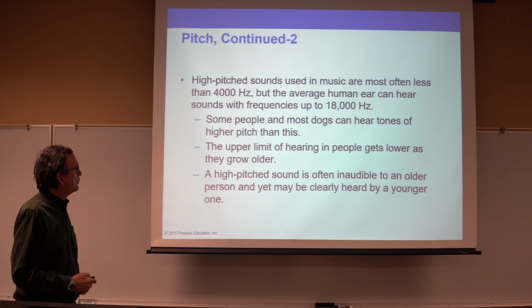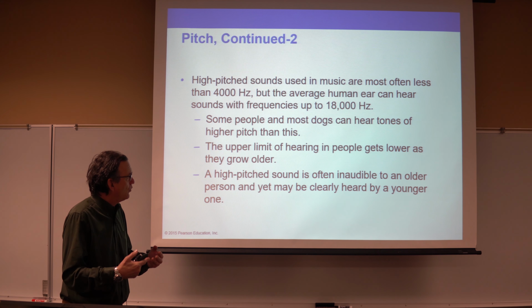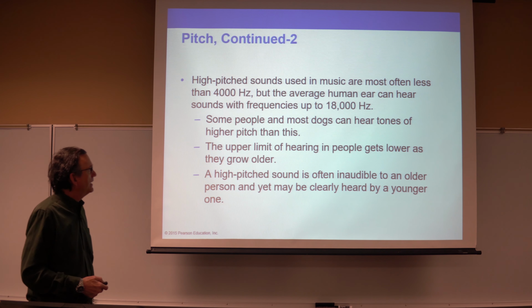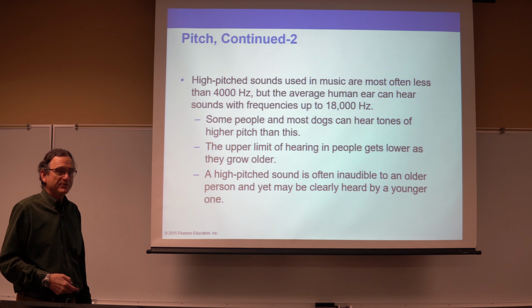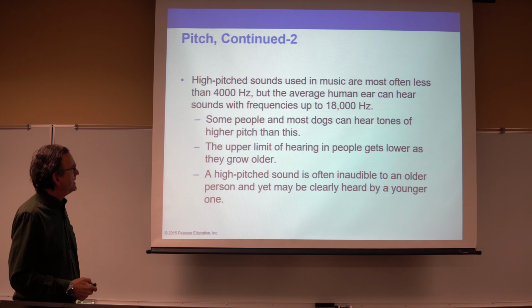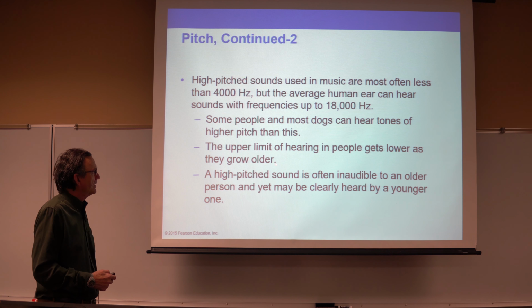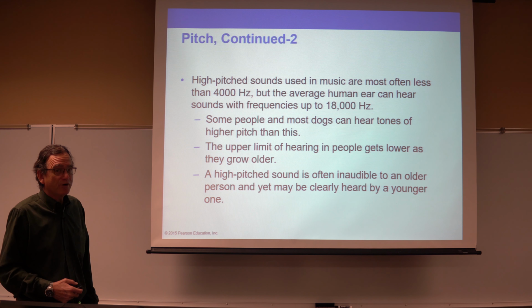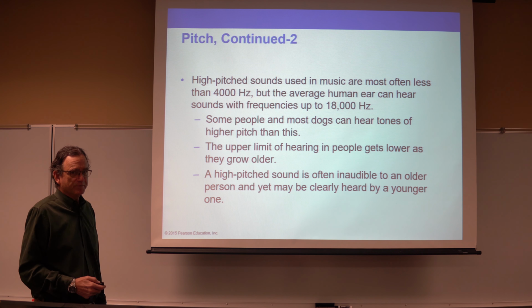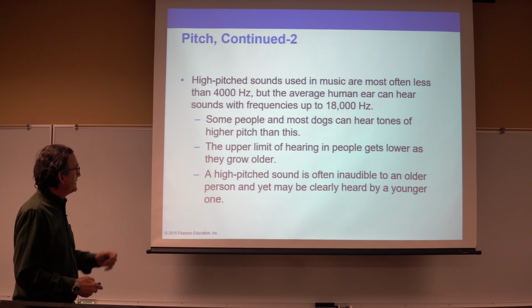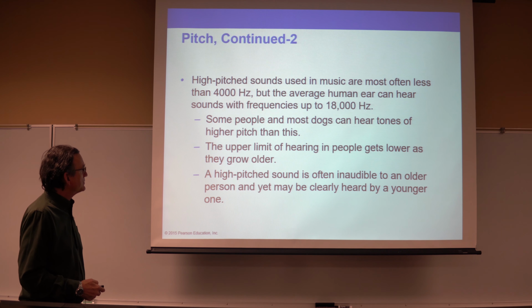One thing worth noting is that as people grow older, and particularly in old age, they all begin to experience hearing loss, and so do dogs and cats and other animals, but they tend to lose their upper limit of hearing before they lose their lower frequency of hearing. So if you're talking to someone hard of hearing, try to use as low a voice as possible with as high an intensity as you can. That's just something to keep in mind as we go through this.